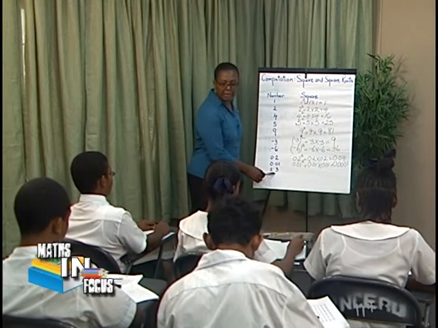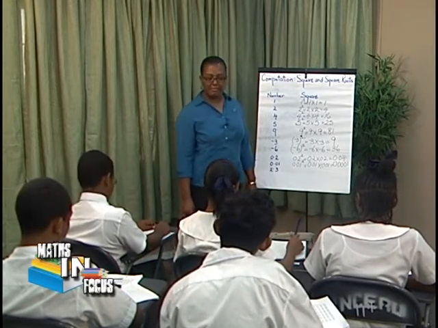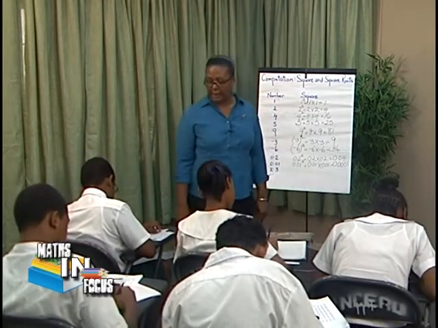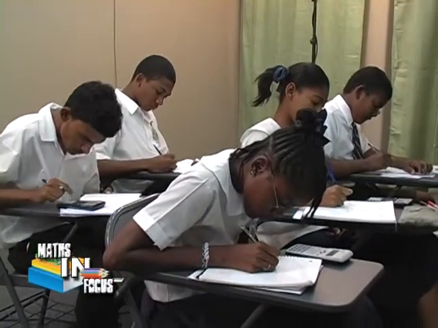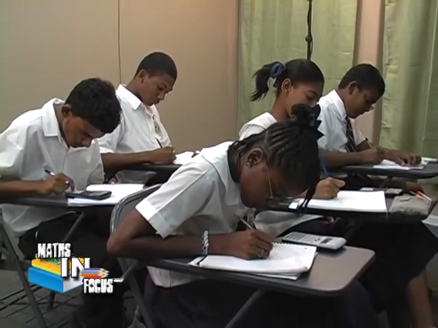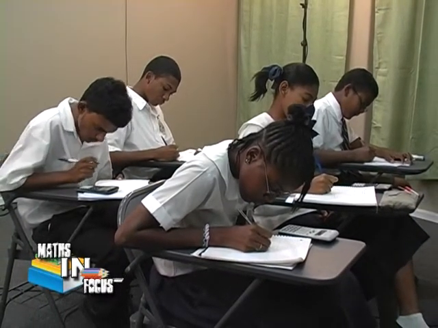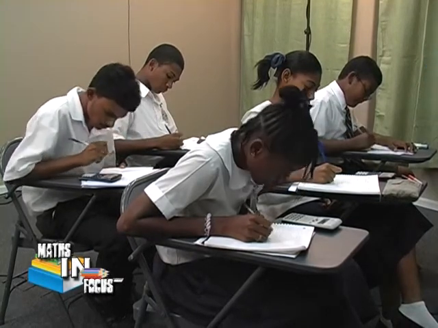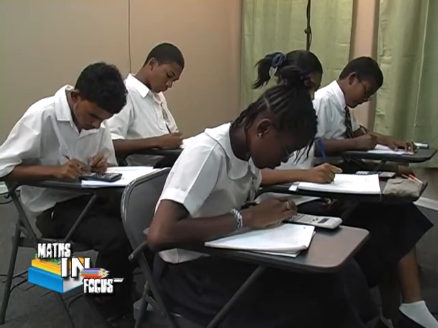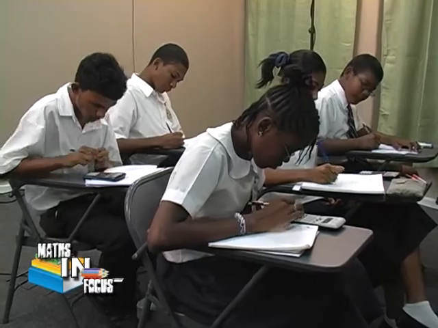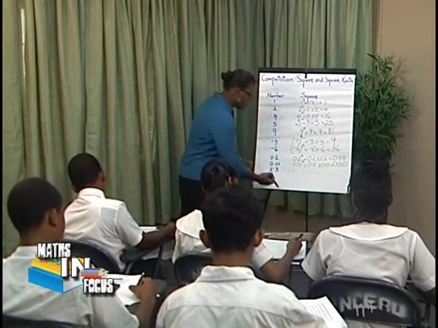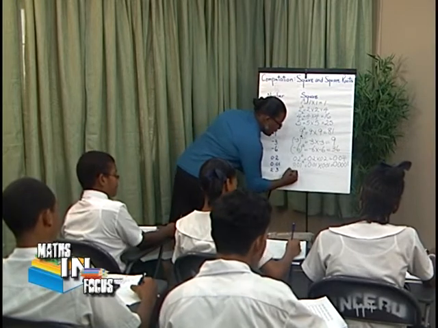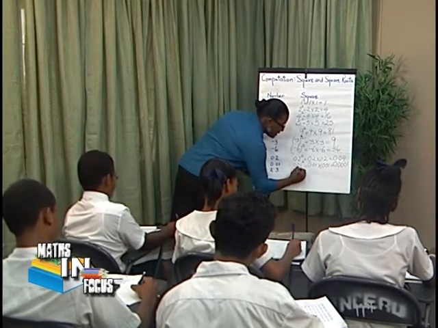Now the last one we have here is 2.3. We have a mixed number here. Quickly compute the square of that mixed number. Okay. So we know that if we're going to square 2.3, it will be written like that.